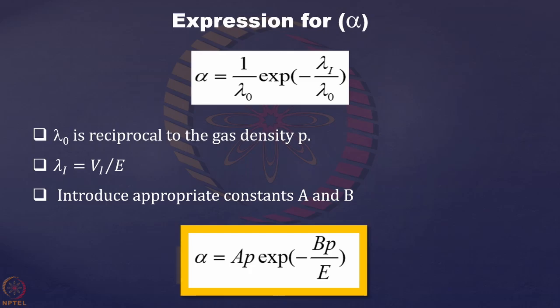So once we have a specific discharge configuration, we can determine the electric field in terms of V and D. So we can write E equal to V by D. In that case, alpha will be expressed as a function of pressure, the applied voltage, and the discharge gap. That will be a very elegant expression, and we will be using this kind of relationship in the later derivations.